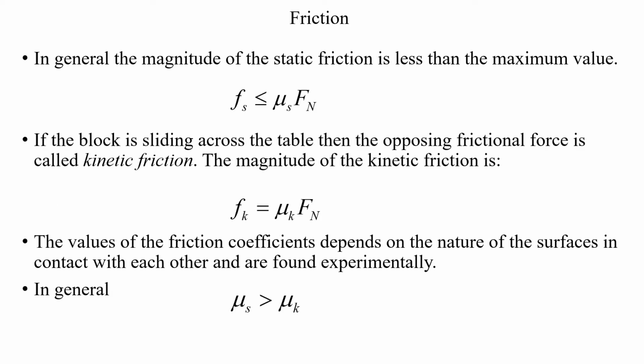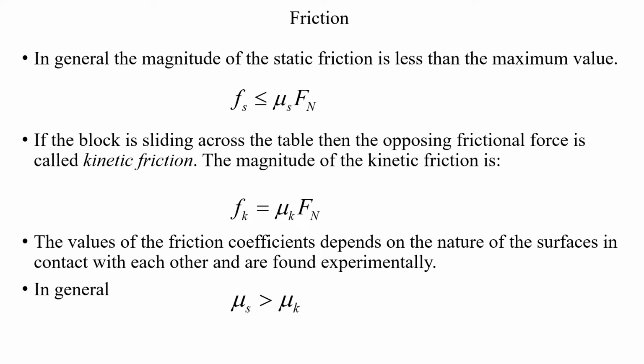So in general, the magnitude of the static friction is less than the maximum value that it can be. It's only going to be equal to the applied force that it opposes. So we write the static friction, F sub s, is less than or equal to mu sub s times the normal force, where mu sub s is the coefficient of static friction.